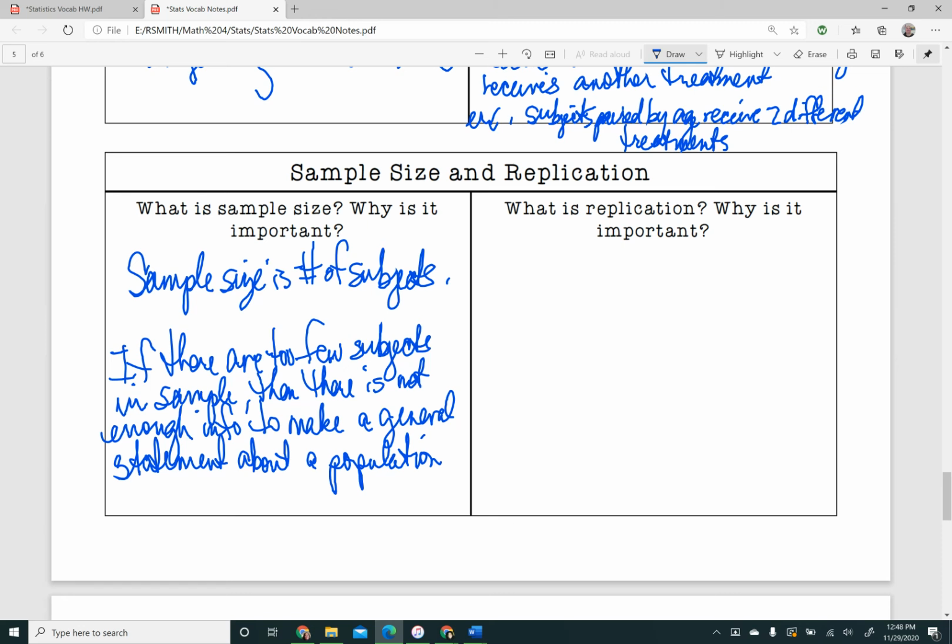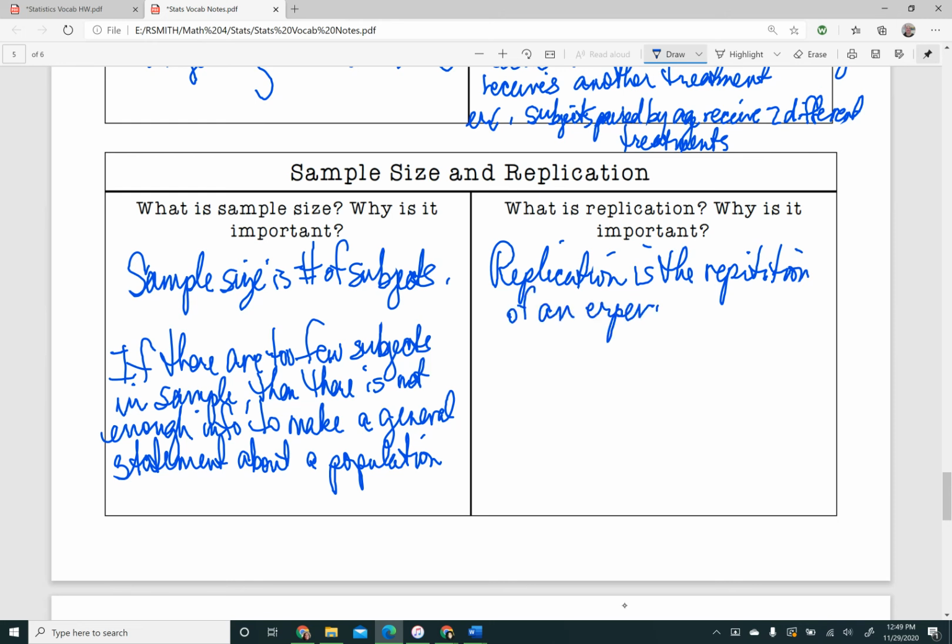What is replication? Well, replication is the repetition of an experiment under the same conditions or similar conditions.